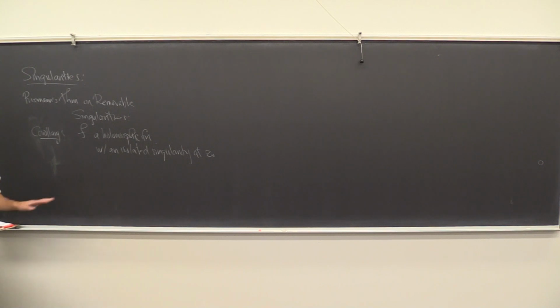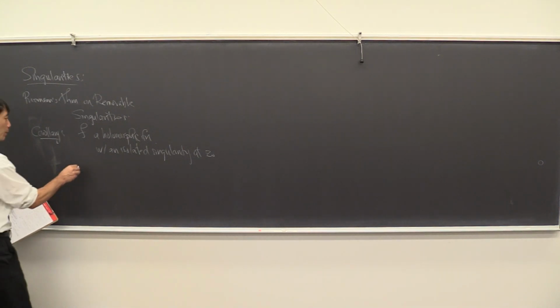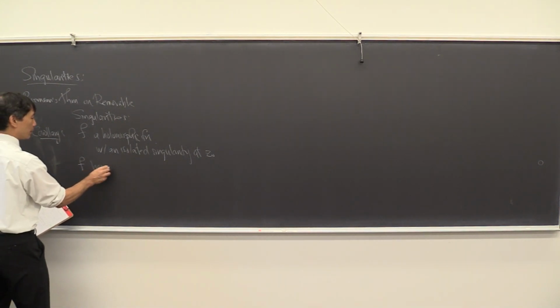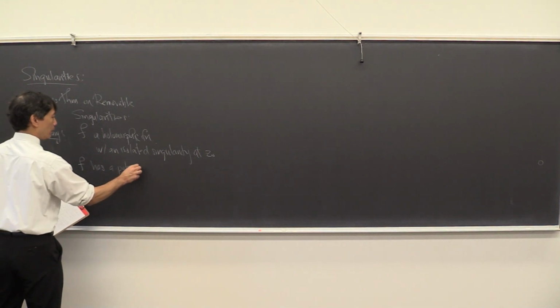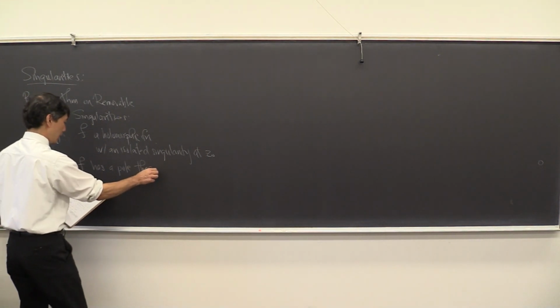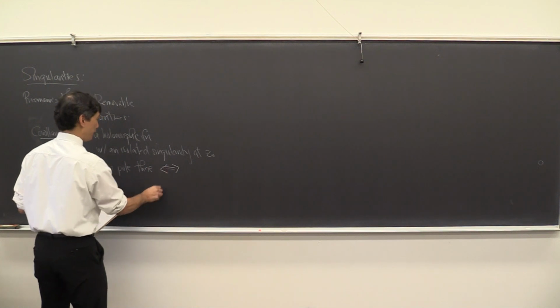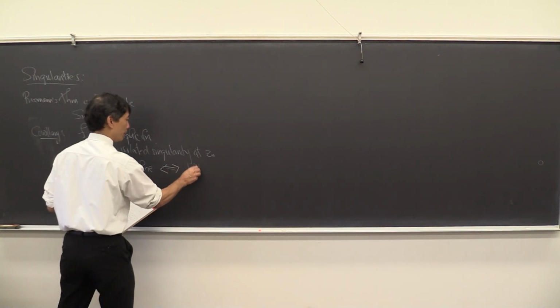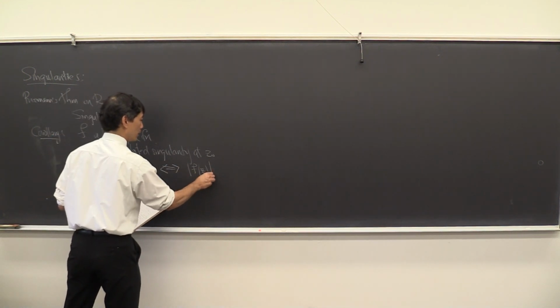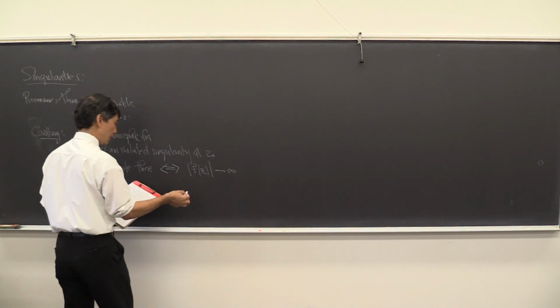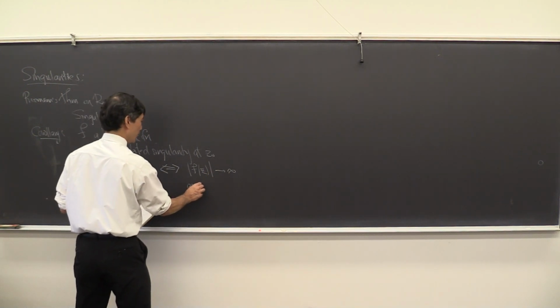Then f has a pole there if and only if the absolute value of f tends to infinity as z approaches z naught.